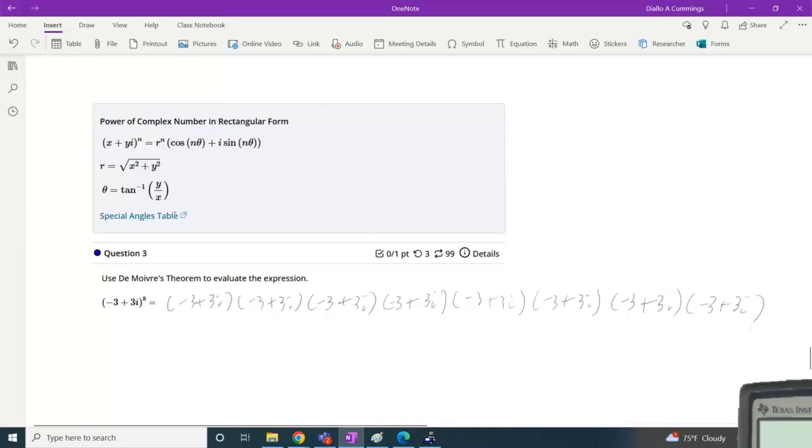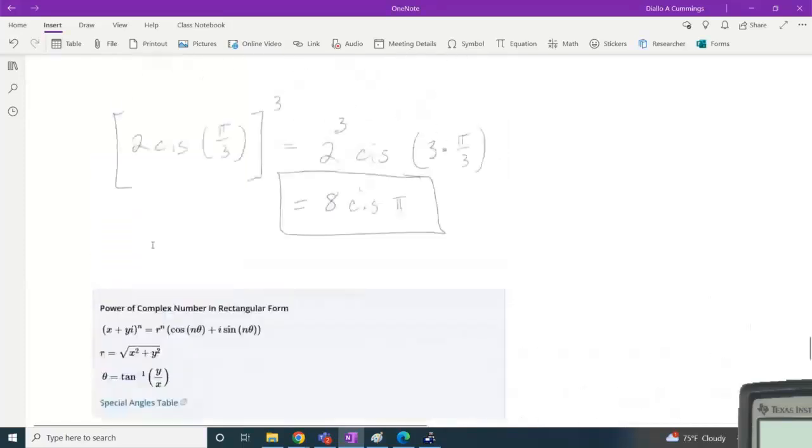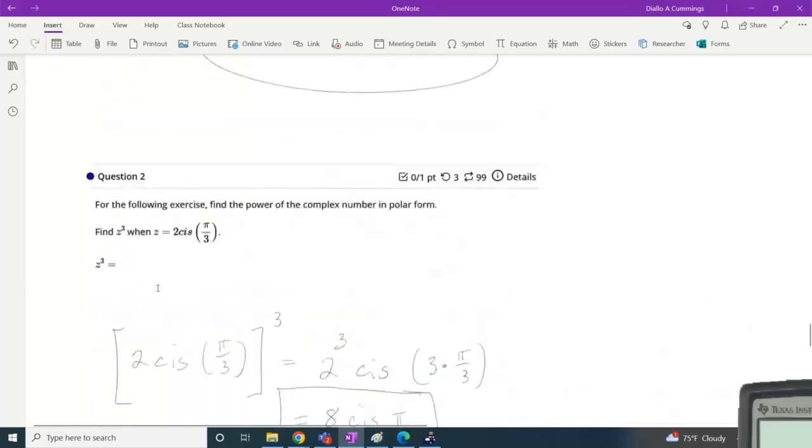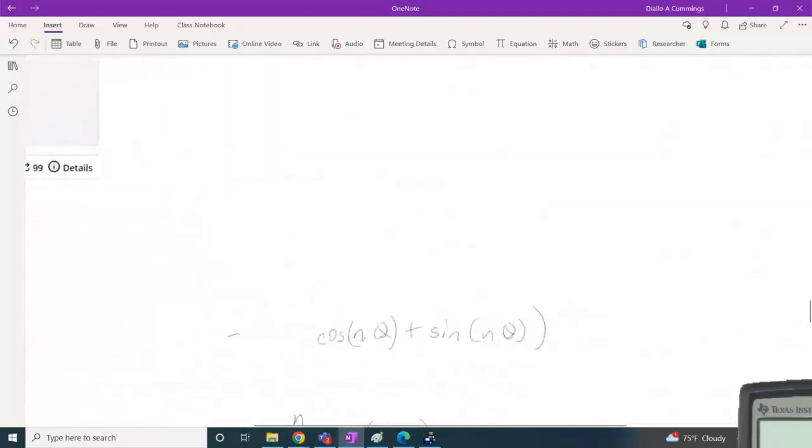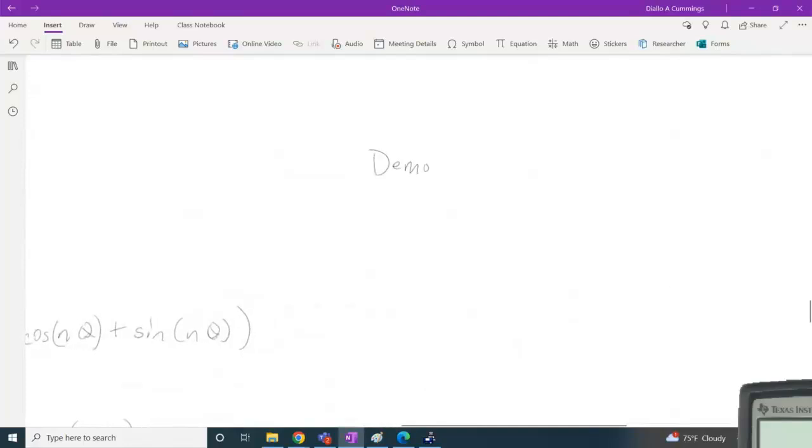Or we could use de Moivre's theorem. But in order to use de Moivre's theorem, and de Moivre's theorem is basically this. I erased it, but r cis theta to the nth power is equal to r to the nth power cis n times theta.